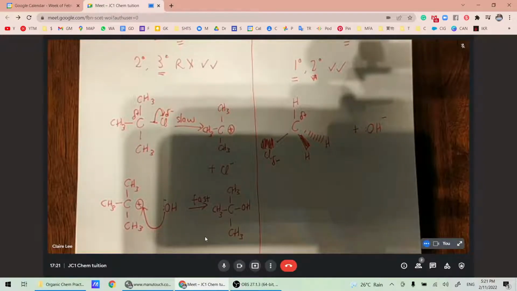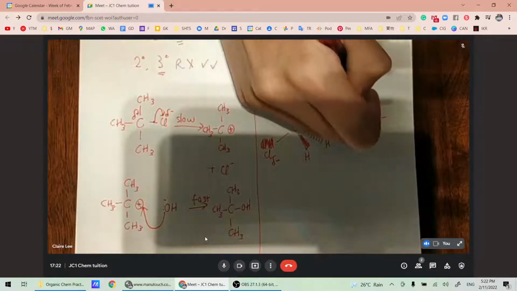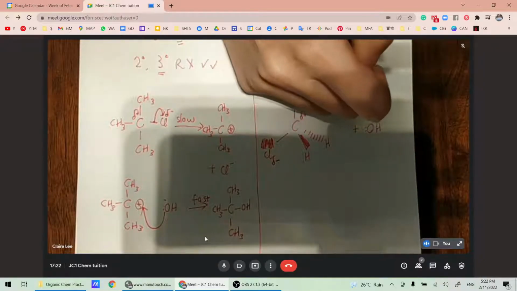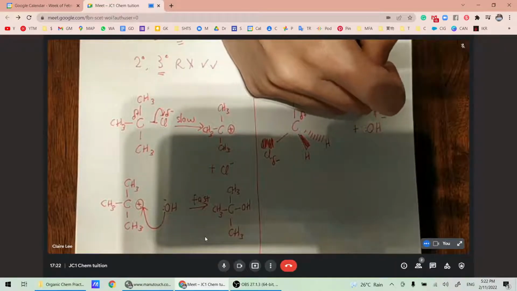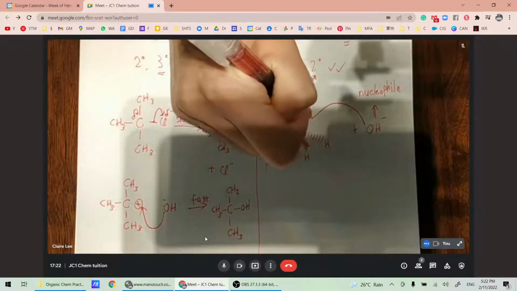The reason why tertiary halogenoalkanes undergo SN1 is because they have too many alkyl groups which cause steric hindrance, so it makes it difficult for the nucleophile to attack.